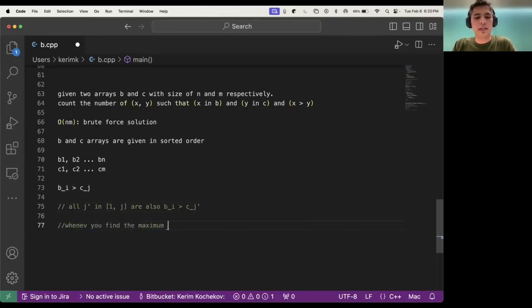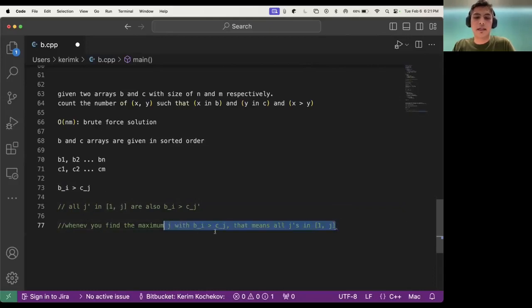So whenever you find the maximum j with Cj smaller than Bi, that means all elements in that prefix are also smaller than Bi. So we don't need to count them one by one.